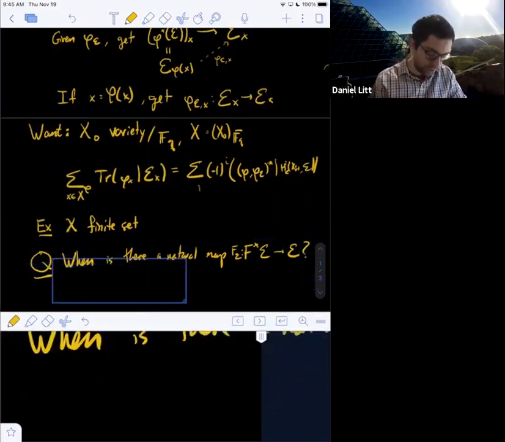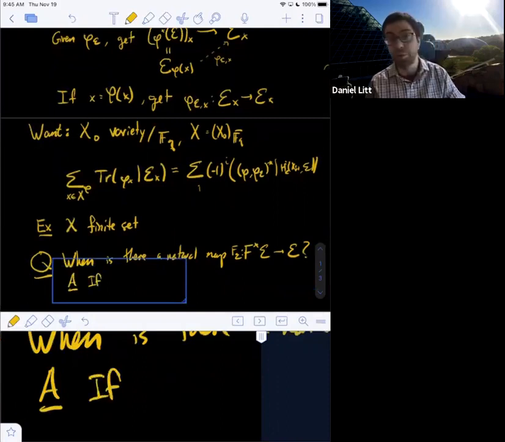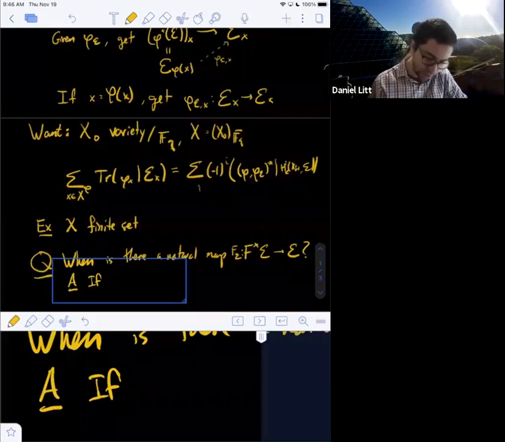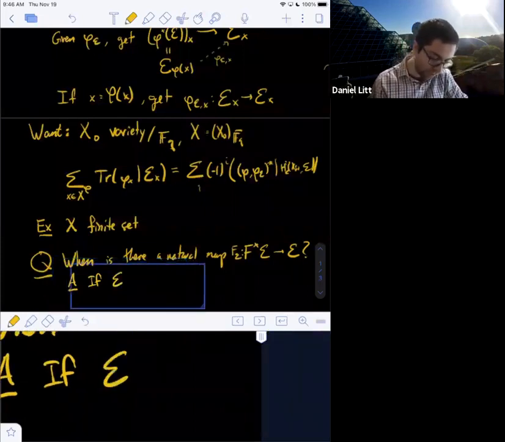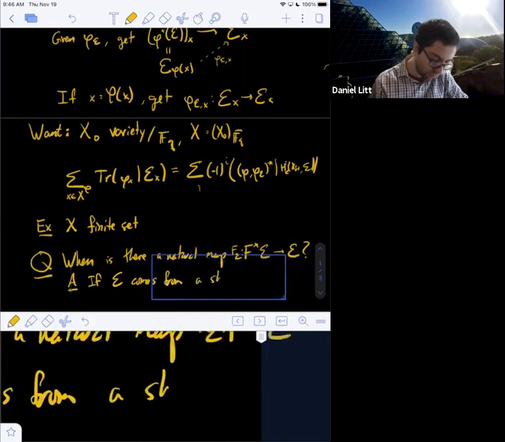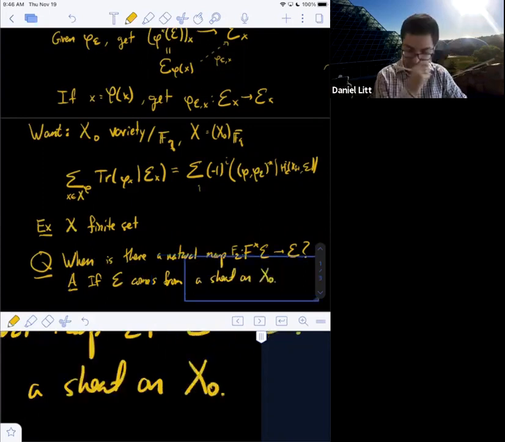Okay, and the answer is, so here, remember F was the relative Frobenius on X base change to F_q bar, or on X, I'm sorry, X is already base changed to F_q bar. So the relative Frobenius on X. So the answer is if E comes from a sheaf on X naught.